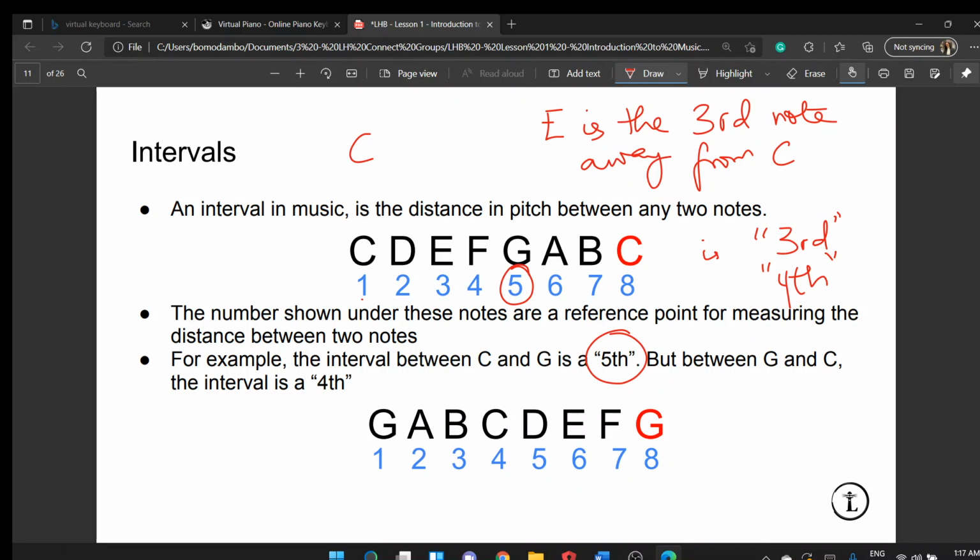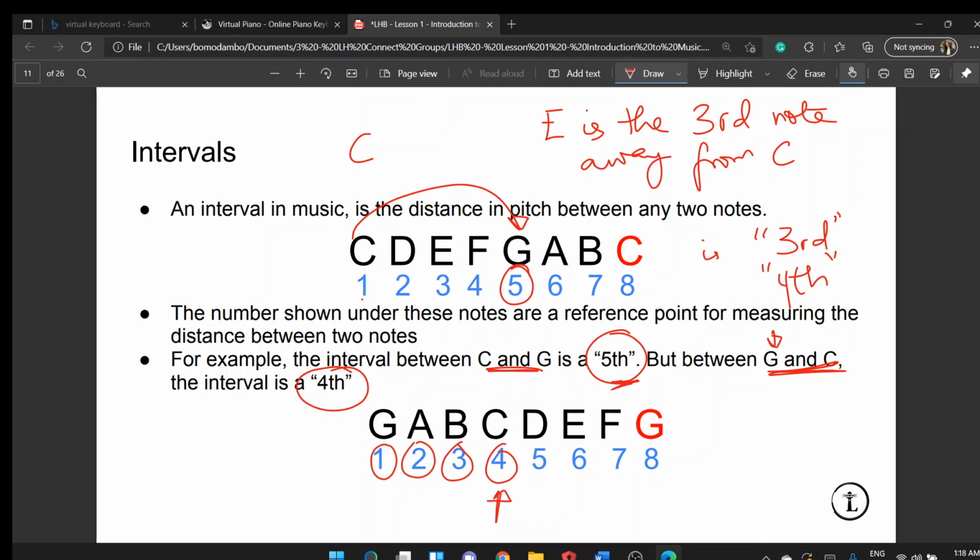All right. But if you start from G when you're counting, if I ask you what's the interval between G and C, it's not the same thing as between C and G. Between G and C, you start counting from G. So you count 1, 2, 3, and 4. So the interval between G and C is a fourth, and the interval between C and G is a fifth. So anytime you're finding out the interval between two notes, you start from that note.